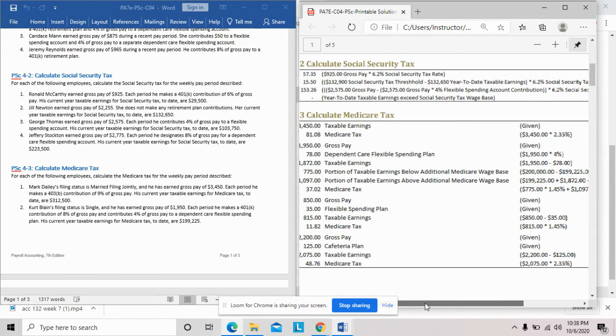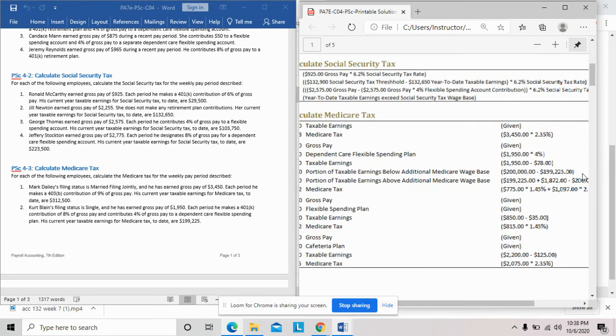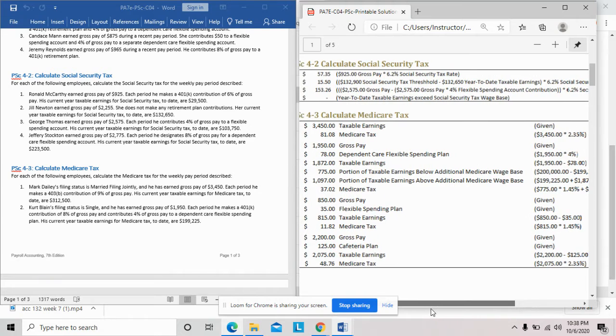So we go here. As you know, the current year taxable earnings for Medicare tax to date are $199,225. We take that amount and subtract it from 200,000 to find the portion of taxable earnings below the additional Medicare wage base.